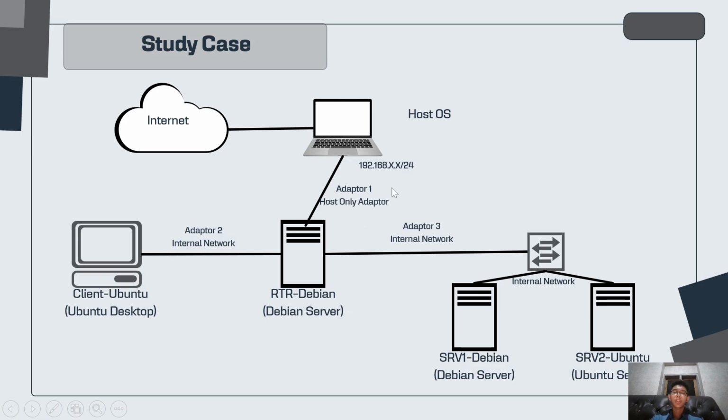And I will set the IP on this adapter, and I will also set the IP in this adapter and also this one. But for the client Ubuntu, which is the Ubuntu GUI version, I will not set it. So I will just set on this one, which is the server 1 Debian and also server 2 Ubuntu.